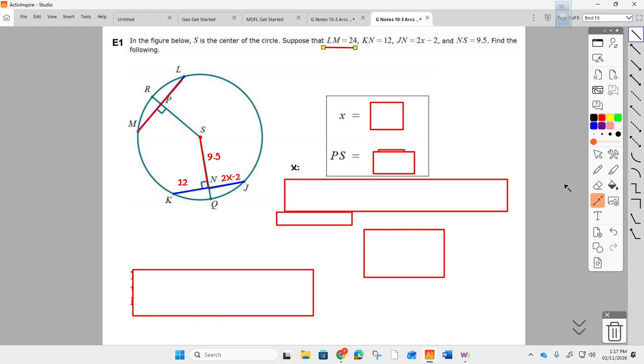Why do you think that 2x minus 2 equals 12, Justine? You're right. Well, I will tell you you're right, but we do need to know why. Why are they equal? How do we know that 2x minus 2 is equal to 12?